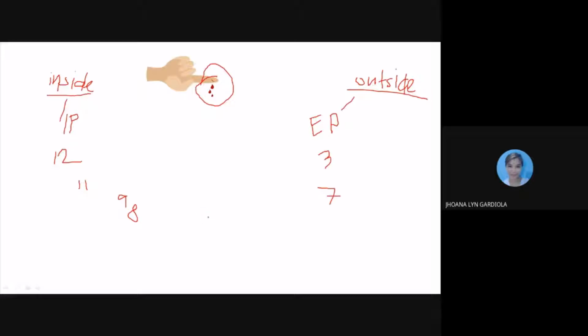And here in the common pathway, we have the clotting factor 10. And once this clotting factor 10 is activated, ma-activate naman yung clotting factor 2. Pag na-activate yung clotting factor 2, ma-activate naman yung clotting factor 1.